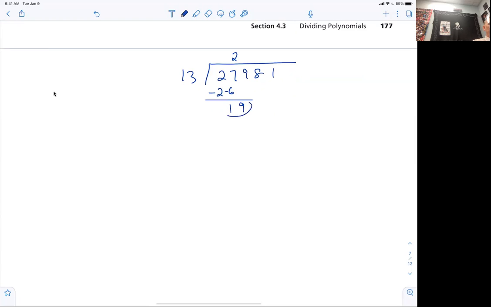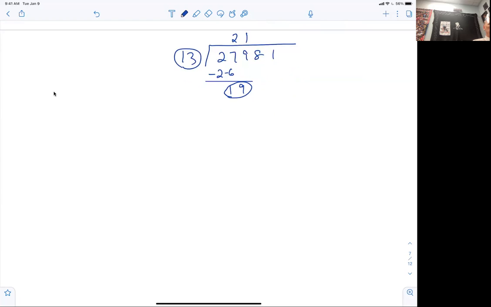Then you did the same thing. You divided 19 by 13, and that was 1. Then you multiplied 1 times 1, 1 times 3. Then you subtracted. Now notice I'm putting the subtraction here, and everything I'm doing is to help you with the long division with variables.